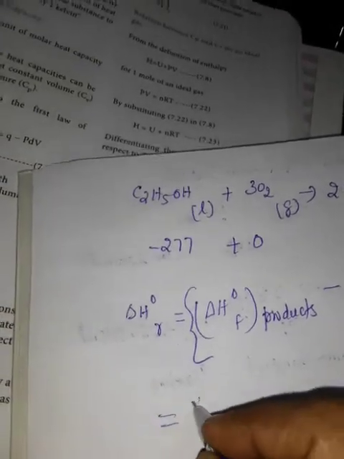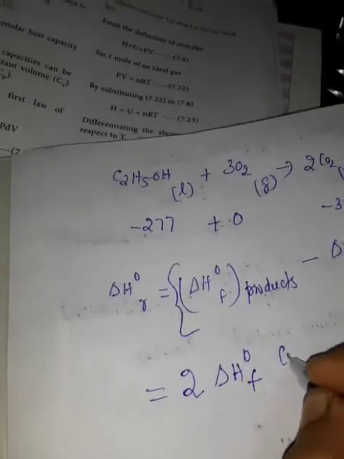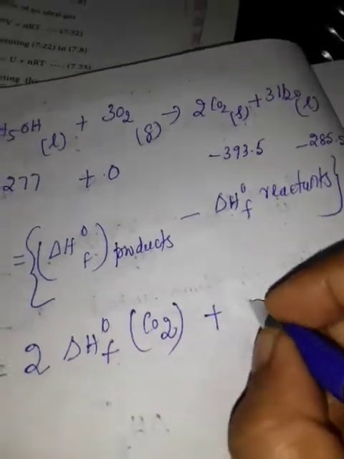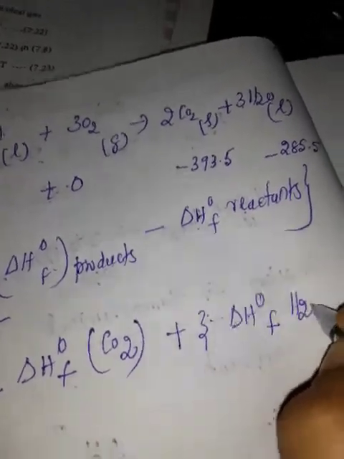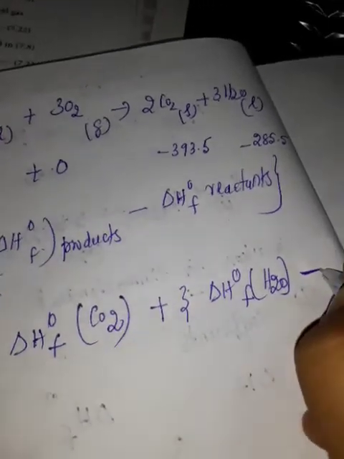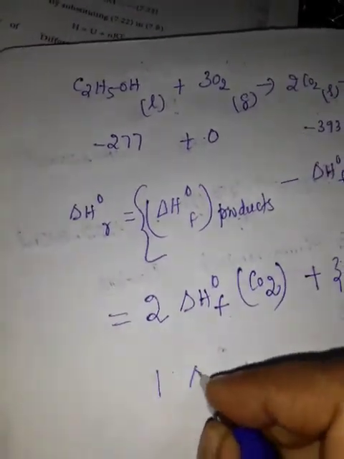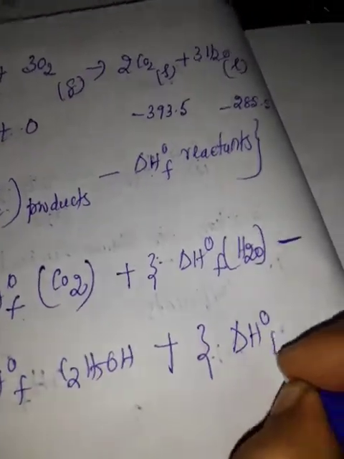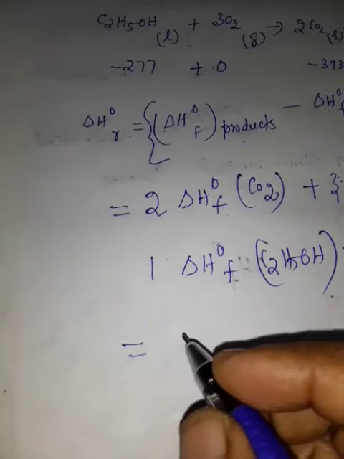So, 2 into delta H naught f of carbon dioxide, plus 3 water molecules, so coefficient 3, delta H naught f of water, minus, on the reactant side, 1 mole of ethanol, so 1 into delta H naught f of C2H5OH, plus 3 into delta H naught f of O2. Equal to, apply the values.